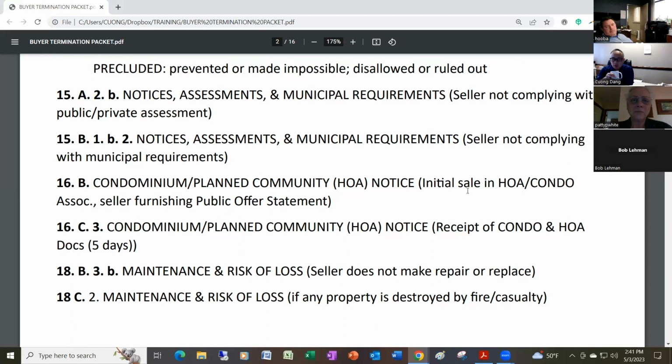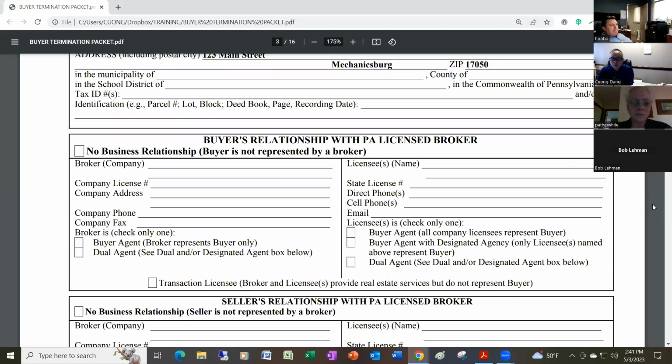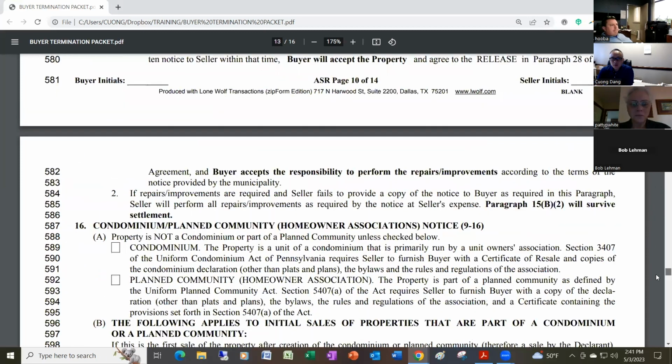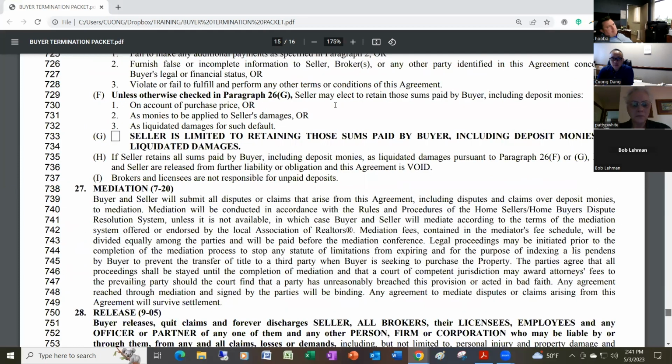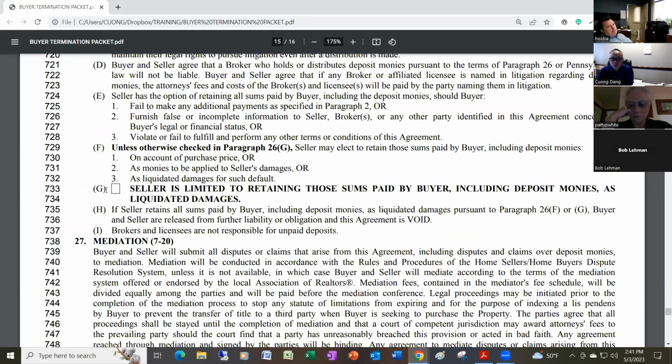In my opinion, it's probably not necessary, because it does state, let's go back and look at that. And I should probably say too, it also depends if checkbox G was checkmarked or not. Seller is limited to retaining those sums paid by buyer, including deposit monies, as liquidated damages.